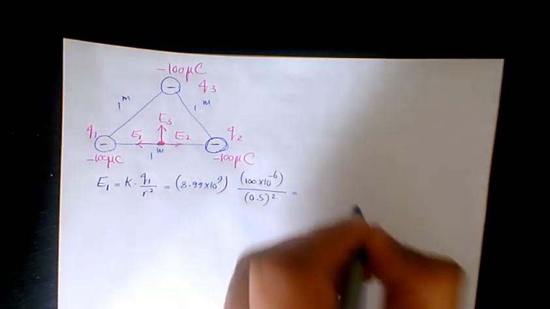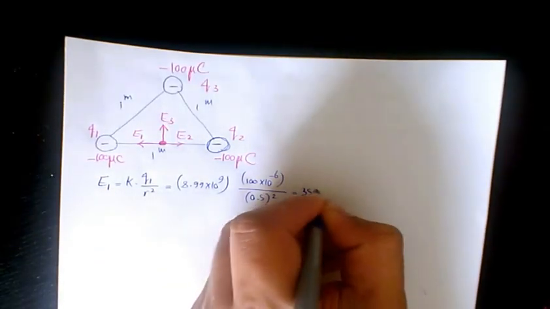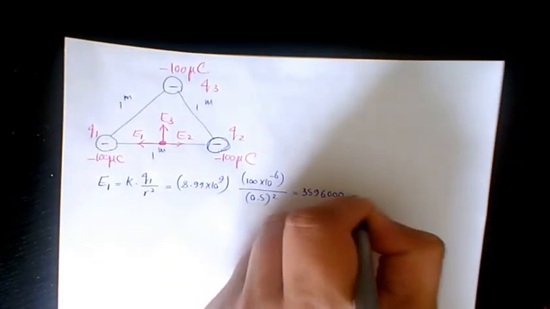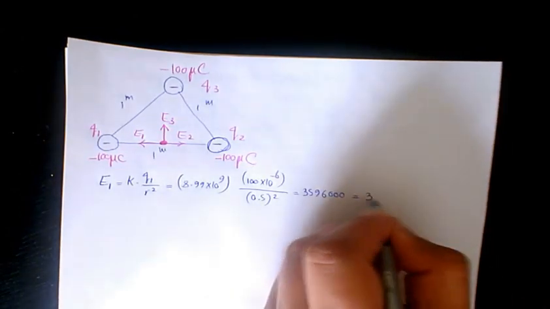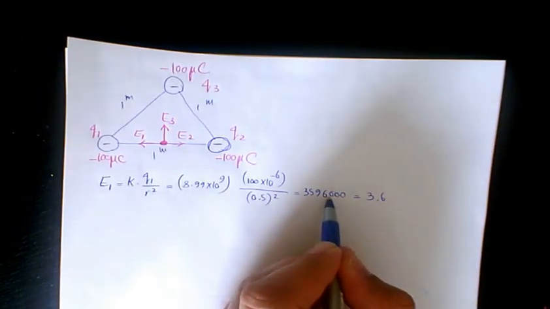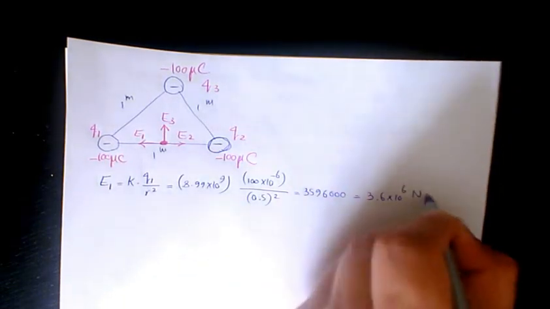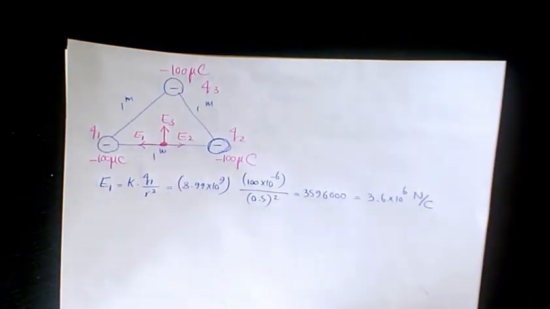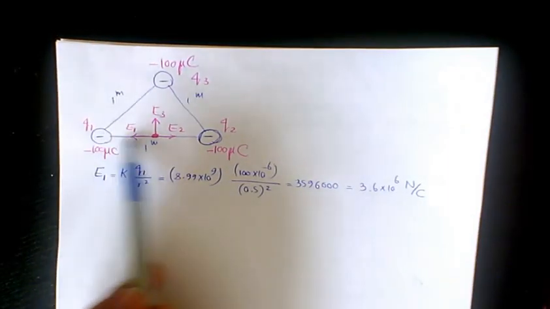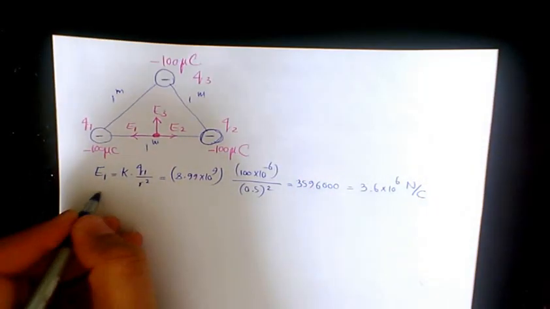That is going to give me 3,596,000, which is 3.6 times 10 to the power of 6 newton per coulomb, and it is on the x-axis.